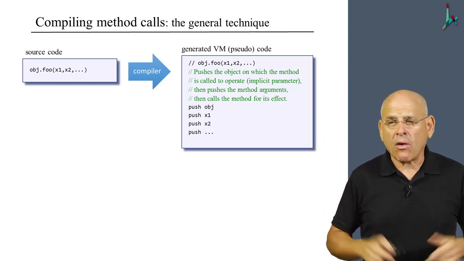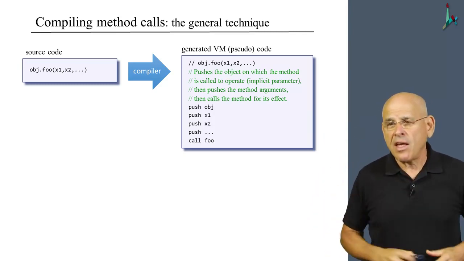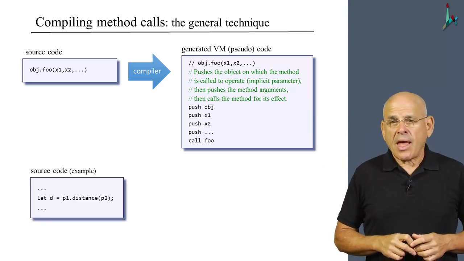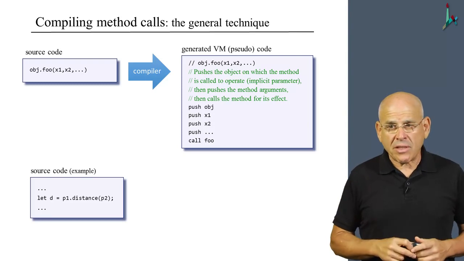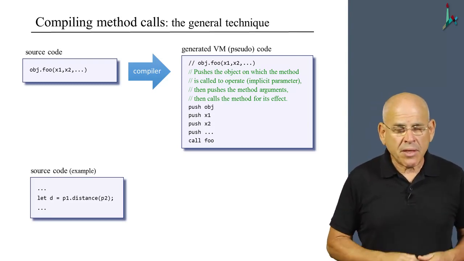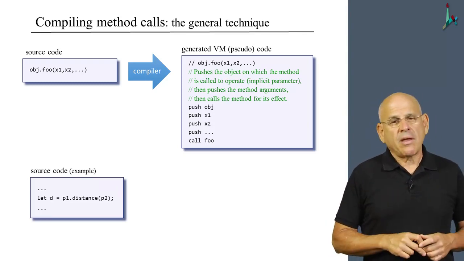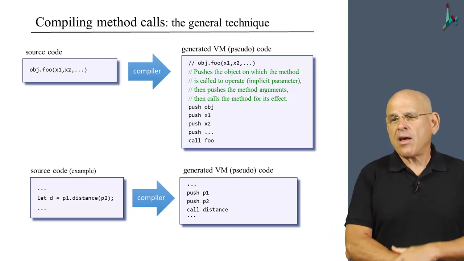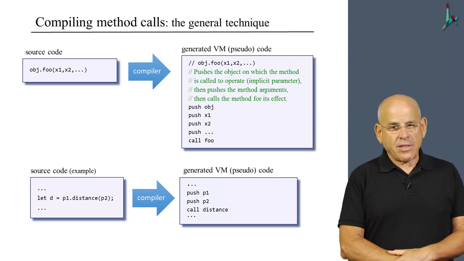We push them all onto the stack, and then finally we call foo for its effect. And here's an actual example. If we want to compile this particular method call, we do it by pushing the P1 and P2 objects and then calling distance for its effect.